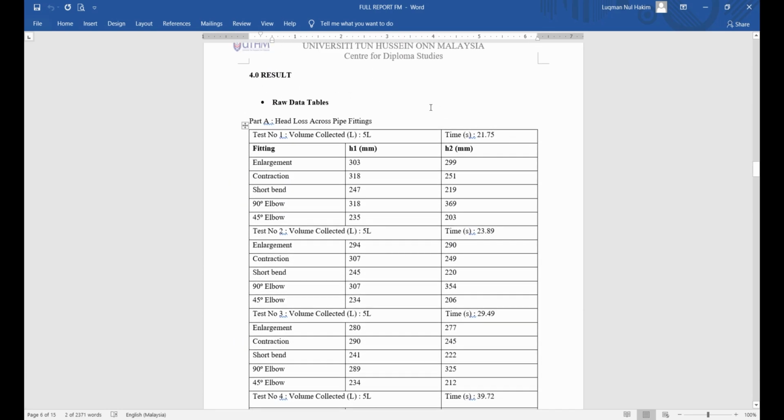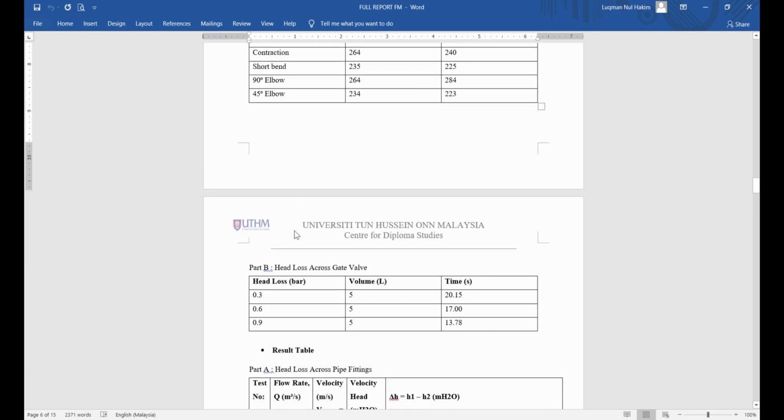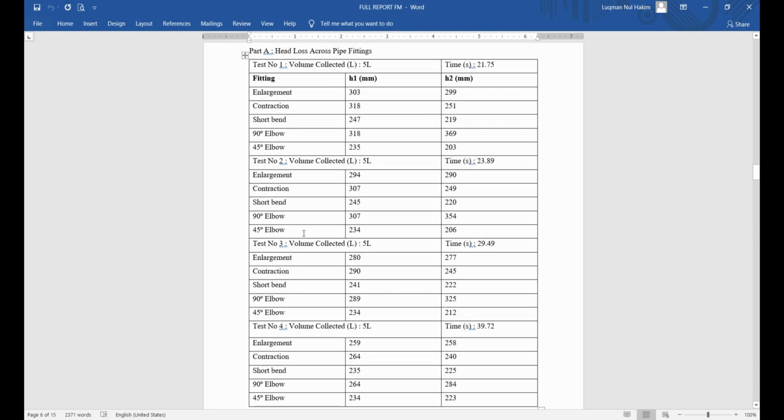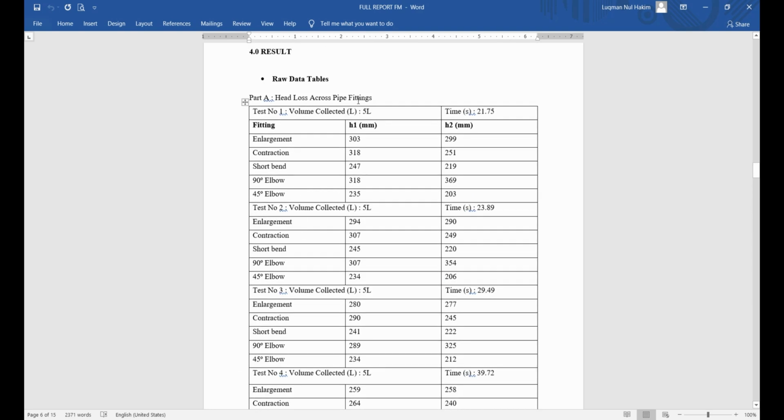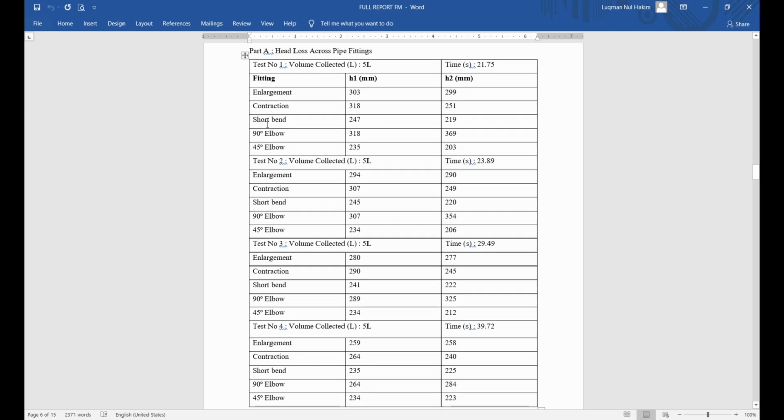In the raw data tables, we have part A and part B. Part A is head loss across pipe fittings. Let's start with part A first. In the video, there are four tests that have been done in this experiment, and the volume collected is the same for the whole experiment, that is 5 liters.